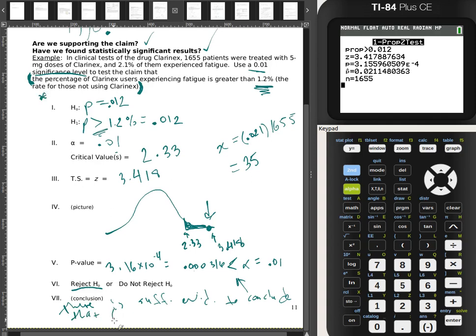We want to put star over here in our sentence. There is sufficient evidence to conclude that the percentage of Clarinex users experiencing fatigue is greater than 1.2%, which is the rate for those not using Clarinex.